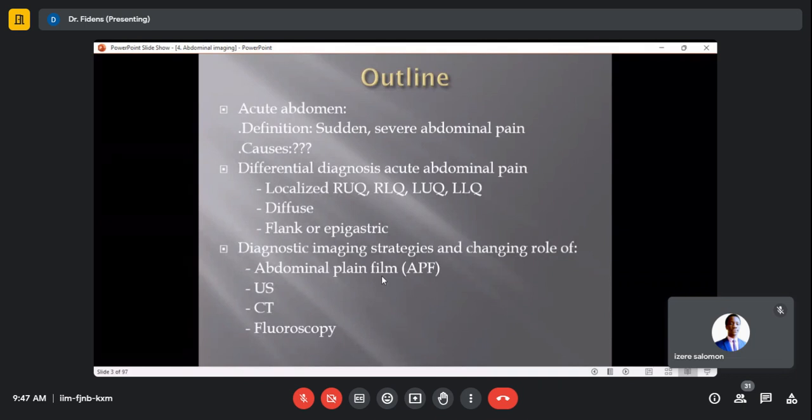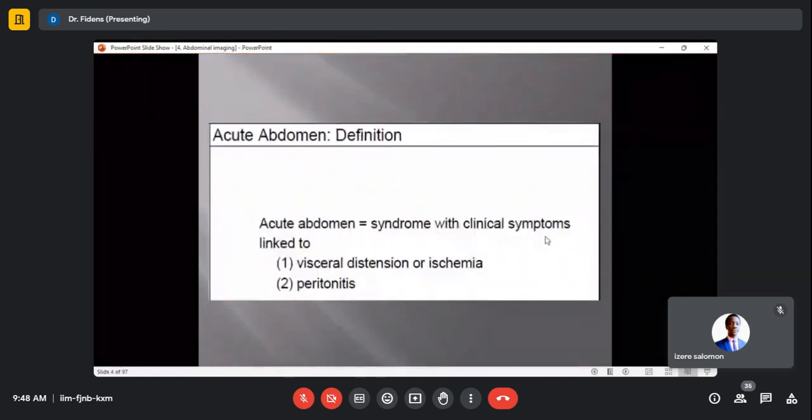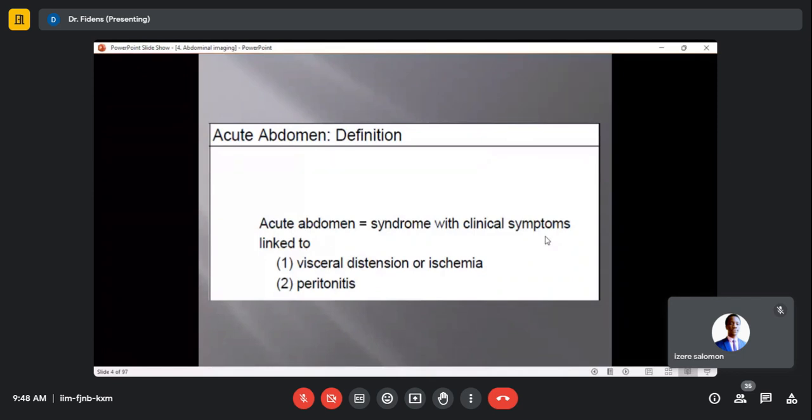But when it is localized, in most cases we use ultrasound or CT or even fluoroscopy. But generally, plain abdominal X-ray is used when the pain is diffuse. So as I said, acute abdomen, by definition, is the syndrome with clinical symptoms linked to visceral distension or ischemia, or in the case of peritonitis. And generally, those are the most common causes.